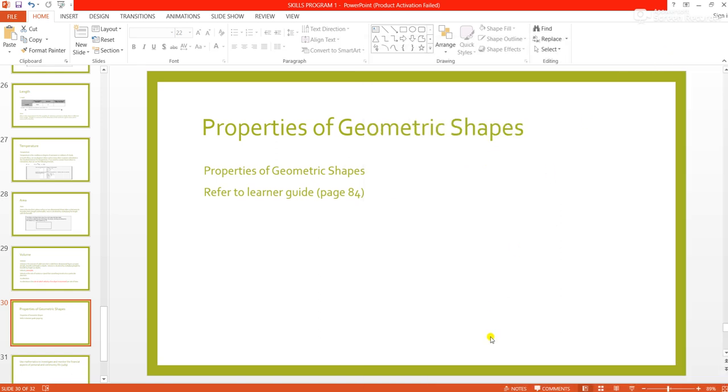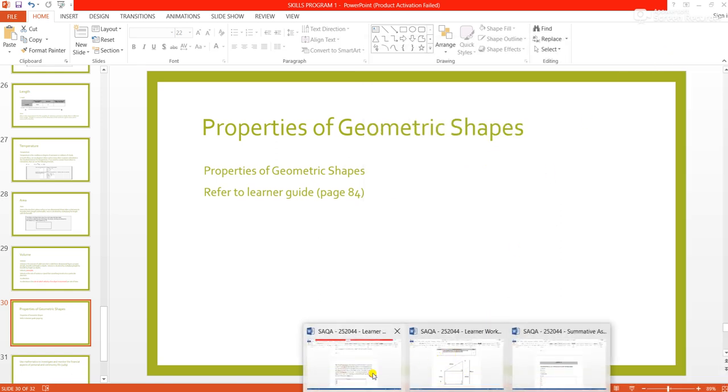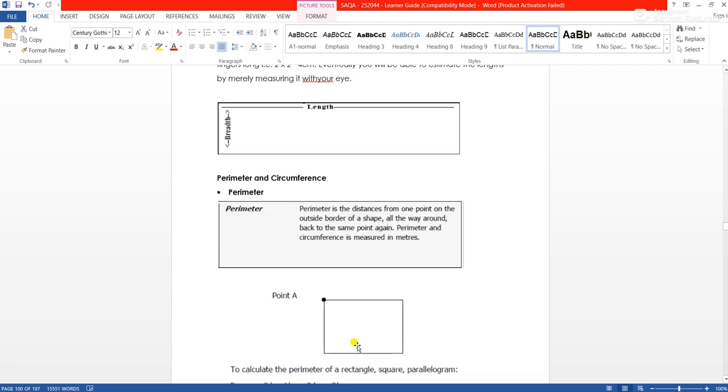So this is how you calculate the area. And also we've got the perimeter.